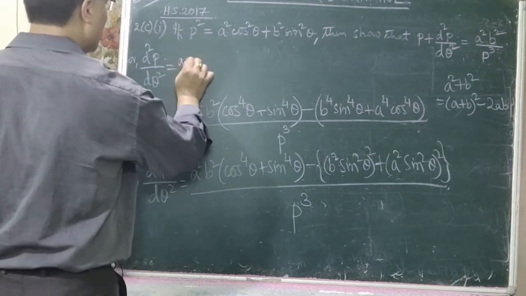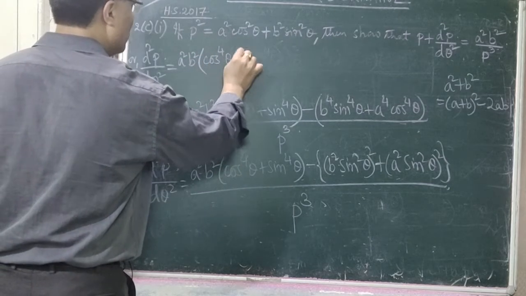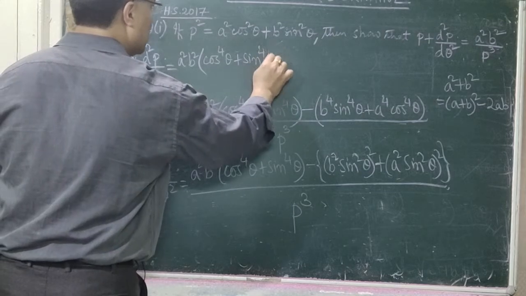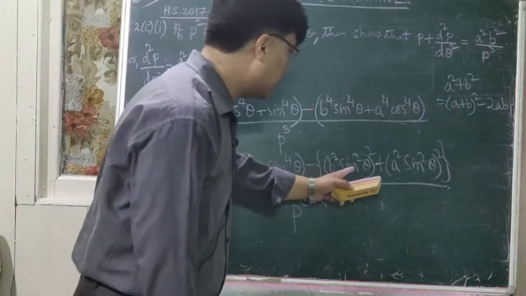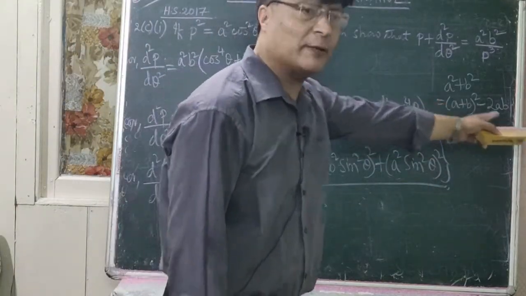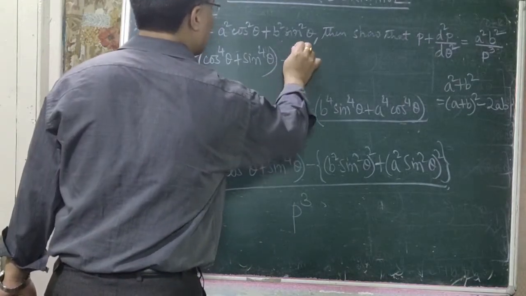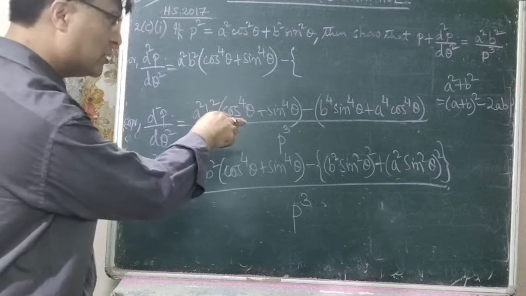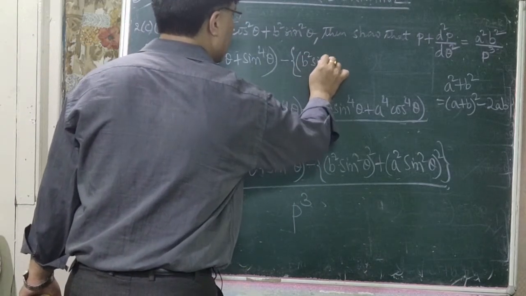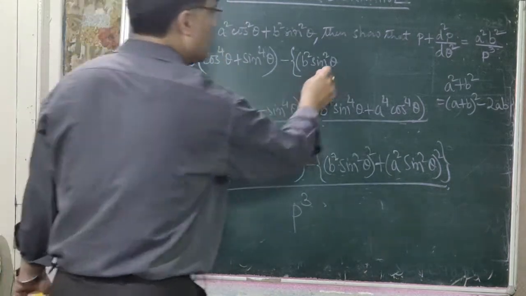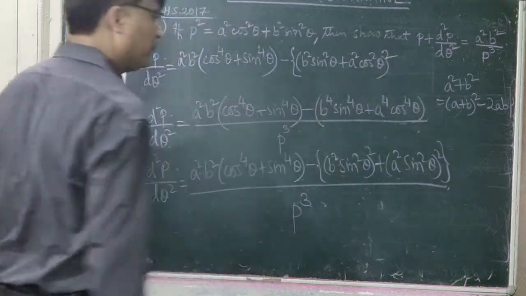So next one is d²p by dθ² is equal to, now this is a²b² within the bracket cos⁴θ plus sin⁴θ. Okay, next, this is your a² plus b². We can use this formula, (a plus b)² minus 2ab, isn't it? So minus, within the second bracket, this is your (a plus b)². What is (a plus b)²? a means b² sin²θ plus b means a² cos²θ, whole squared.